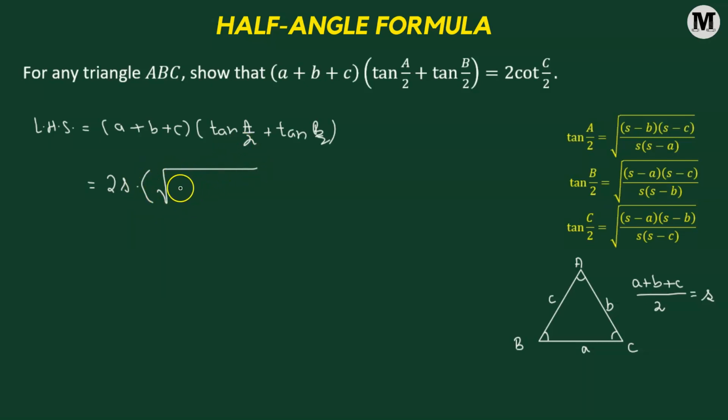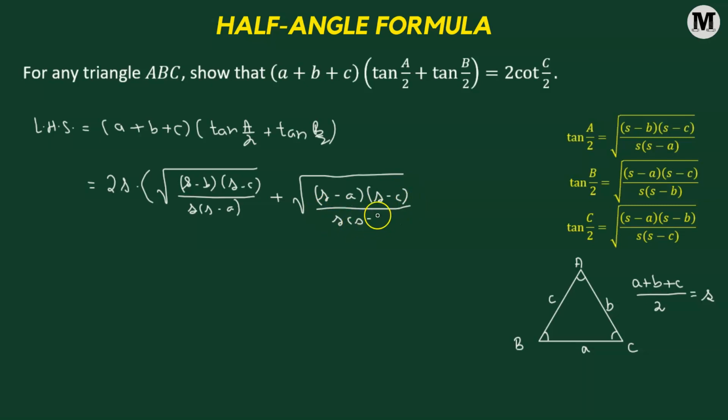So here we have the square root of (s minus b) multiplied by (s minus c) divided by s multiplied by (s minus a), added to tangent of B over 2. Tangent of B over 2 is given by the square root of (s minus a) multiplied by (s minus c) divided by s multiplied by (s minus b). Fine. That will be equal to 2 times s.